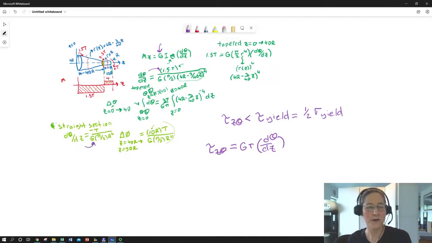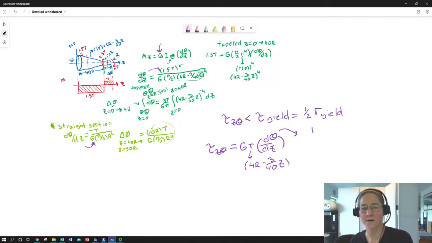Right here. Let's focus on the tapered section first because it's a little bit more complicated. And we can write R in the tapered section. We're going to write this in terms of our line. So we know that the radius anywhere we want to be in that tapered section is just our 3/40 z.